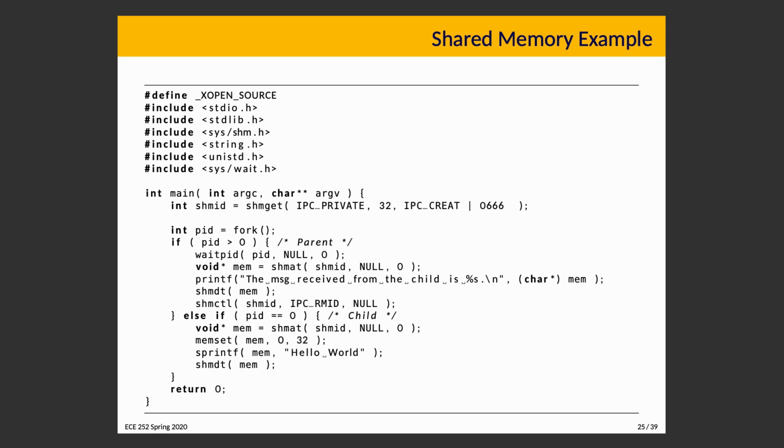We will set the text to read hello world, and then we will detach the segment as the child, and the child will exit. The parent process will then wake up. It will then attach the shared memory segment. It will then read whatever was in shared memory, and it will just interpret it as a character string and detach the segment, and then schedule it for deletion before exiting.